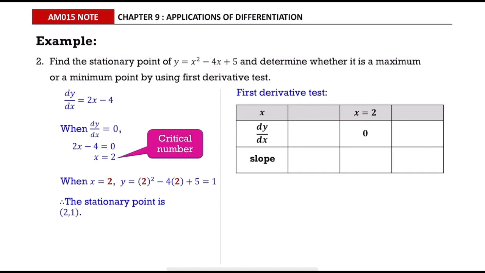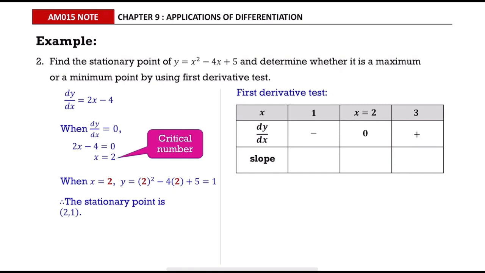On the left side, we choose 1 to substitute into dy/dx and we get negative 2. But we only write negative in the table. Then on the right side, choose 3 to substitute into dy/dx and we get positive 2. So the sign is positive.